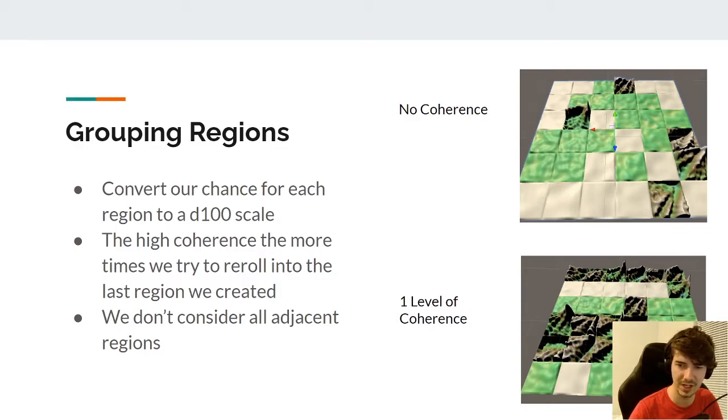We take a random range again, based off of how many levels of coherence we had, and try to get a repeating region based off of what we had just put down. The problem with this is that although it works somewhat, as you can see by the pictures, it only accounts for the last index. It doesn't necessarily account for all the regions that are adjacent to the region we're currently generating.